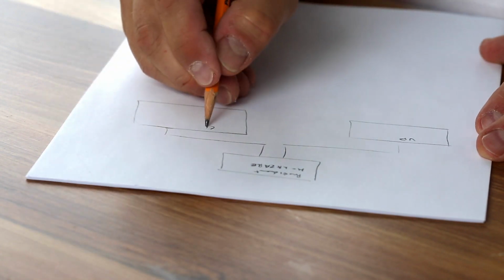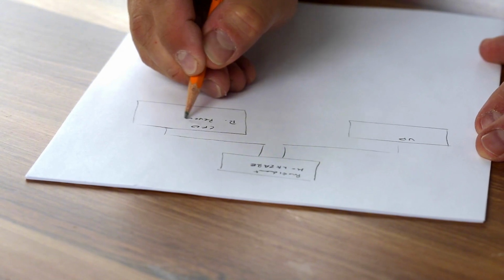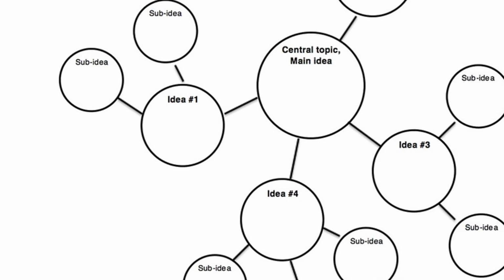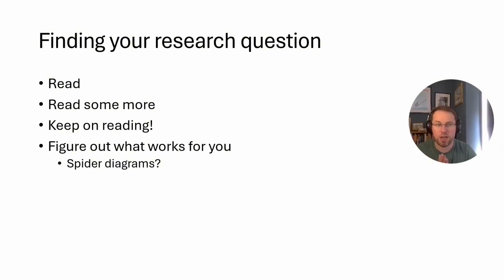They help me then say, oh, well, here's this concept, how does it relate to this concept that I've not drawn any link between? And that makes me think, oh, there might be something interesting to say because there's no link here. Or conversely, by doing the spider diagrams and narrowing down, we can figure out what we need to include, what we need to exclude. So, like I said, just find out what works for you. I think spider diagrams are really helpful for me to help me find my research question.